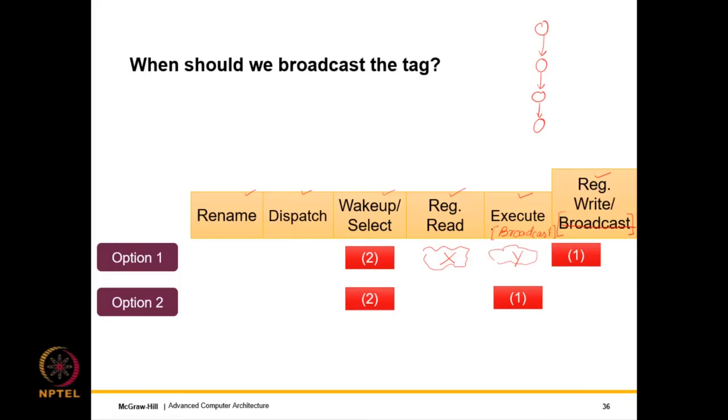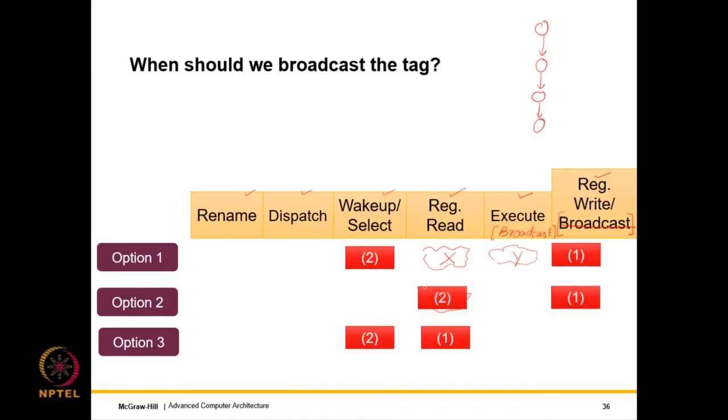We are of course assuming that we broadcast at the beginning of the cycle, and then it immediately catches it, it wakes up and selects, right? That's what you're assuming all happens in the same cycle. So even if this does happen, there is still a 1-cycle bubble. So this is again not acceptable to us. What is possibly acceptable to us? It's just showing the way that instructions move. But what is possibly acceptable to us is option 3.